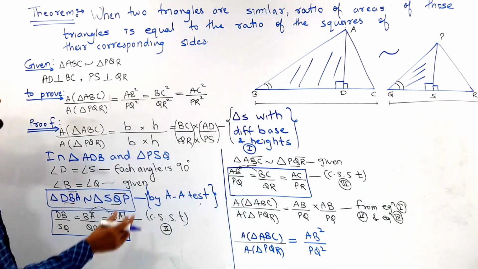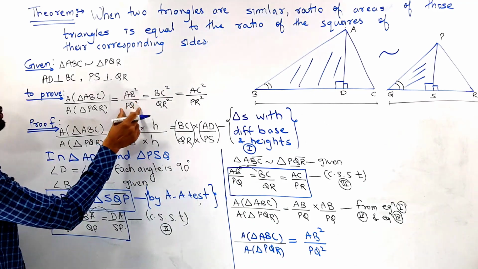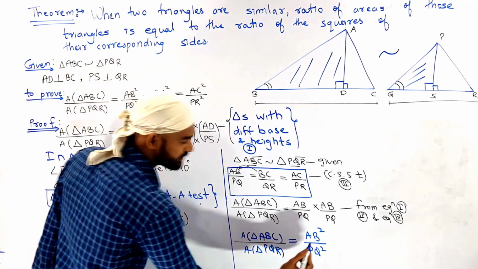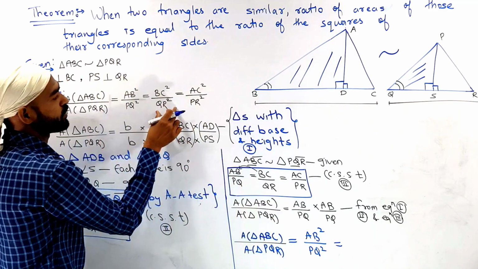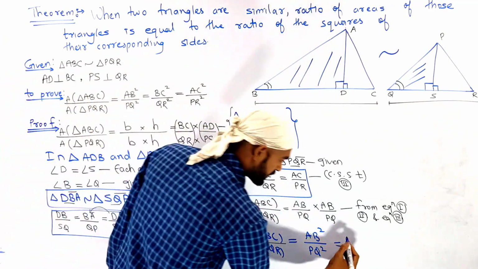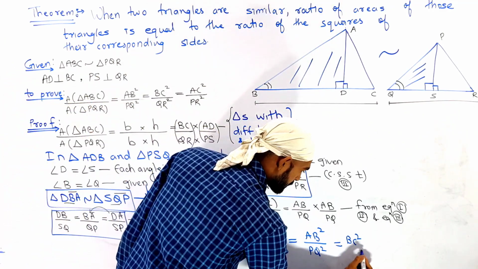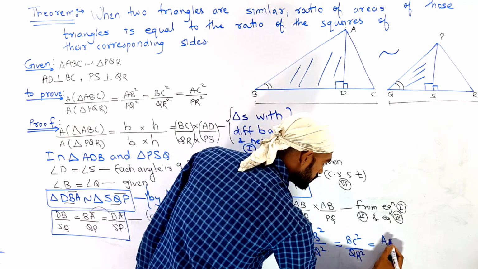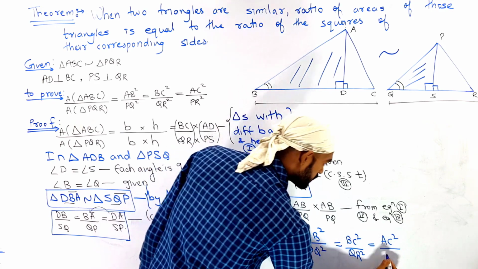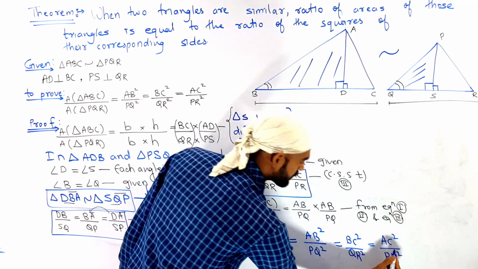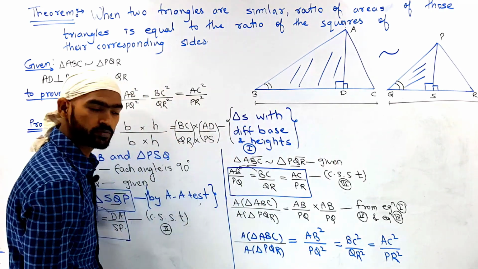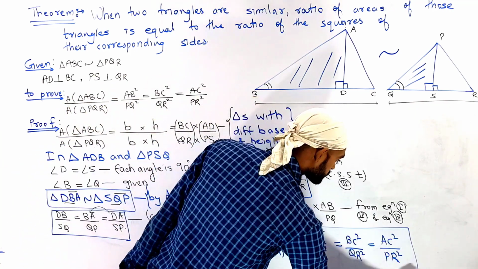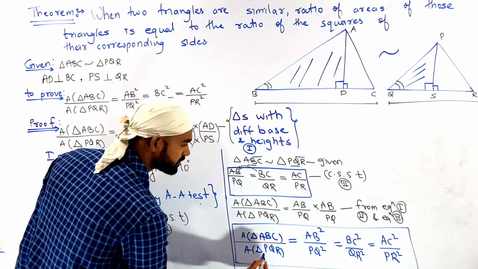So this way we have proved the square of the first side. Similarly, we can prove the squares of the remaining two sides as well: BC square upon QR square, AC square upon PR square. Similarly, we can prove them too. Clear, students? So this was the solution.